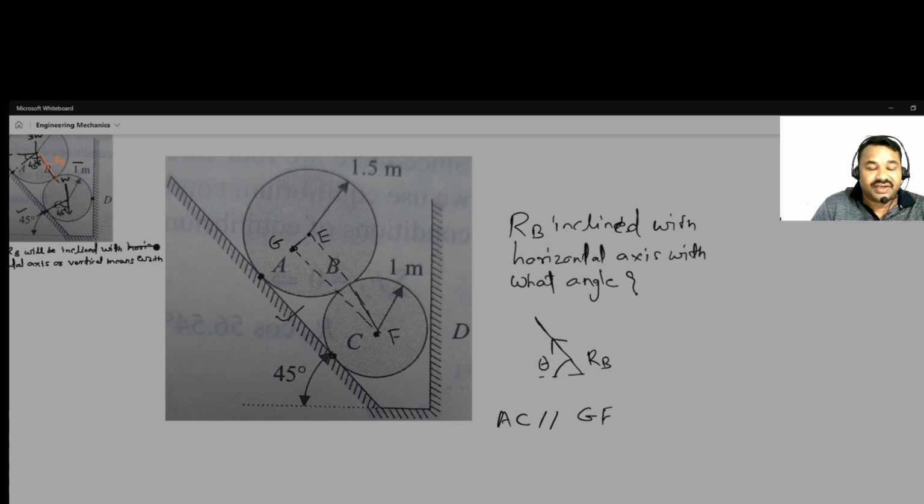If we join center to center, from E to F, there is some angle of inclination, and that we have to find out.